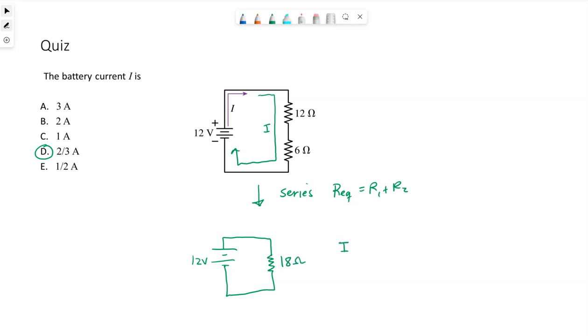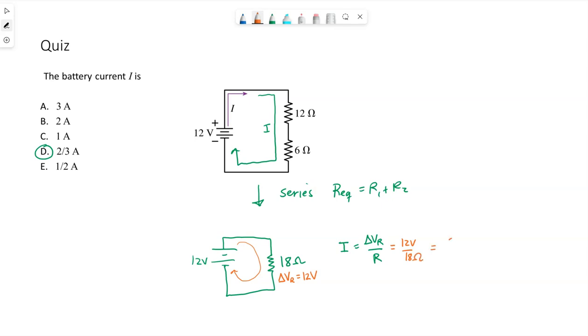Well, the current that flows is going to equal the potential difference divided by the resistor. When we have a loop with only one resistor, this resistor will have the entire battery voltage across it. So 12 volts over 18 ohms.